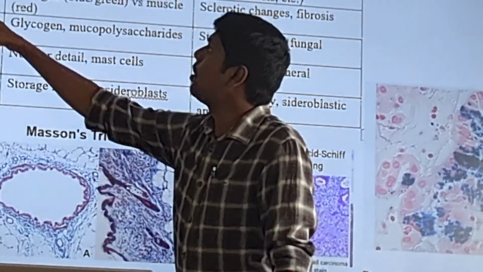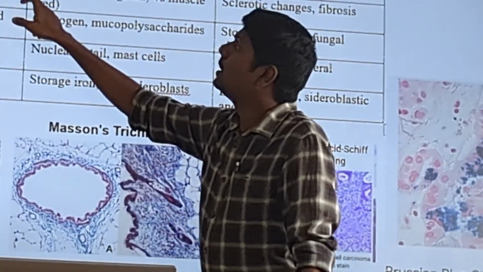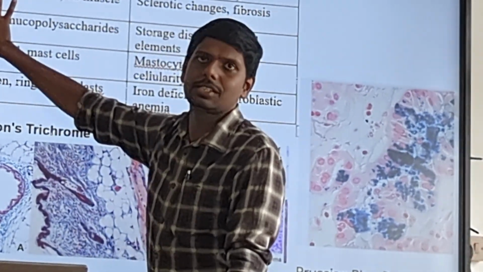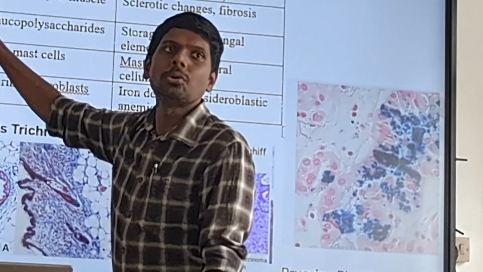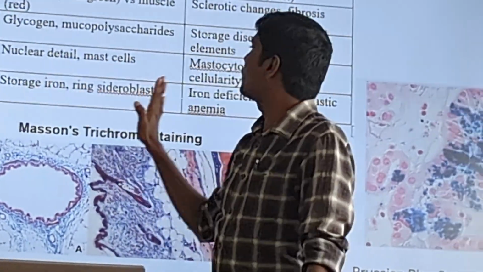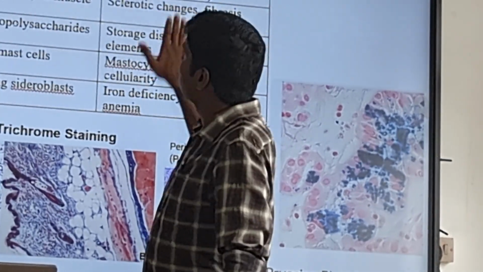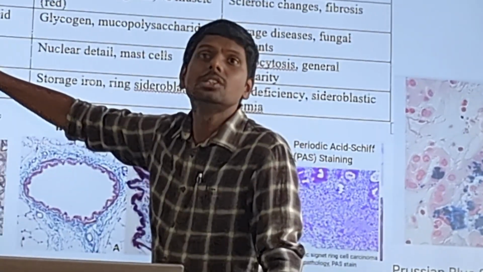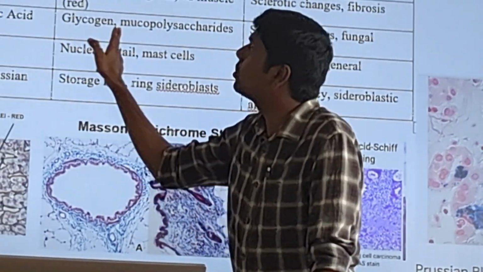Then we have Masson's trichrome stain. This stain is very good at attaching to the collagen fibers. So the collagen can be visualized with the help of Masson's trichrome stain. Then periodic acid-Schiff stain is used for staining the glycogen.